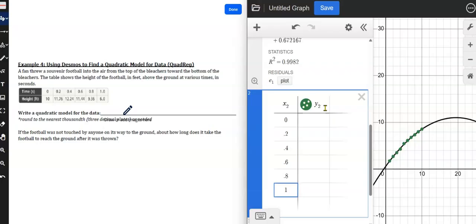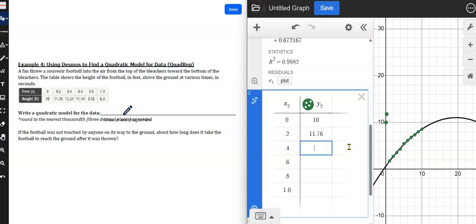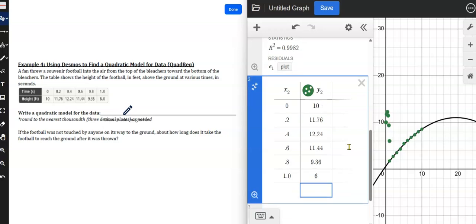Is that right? Nope, missed the decimal. That's why. Okay, so 0 gives me 10, 11.76, 12.24, 11.44, 0.8 goes with 9.36, and 6 itself. So here's my group of points.